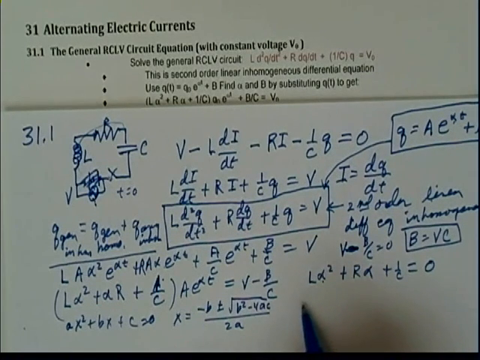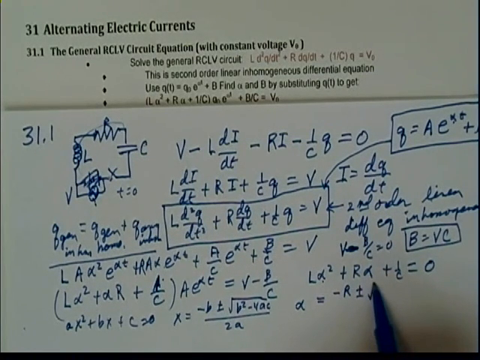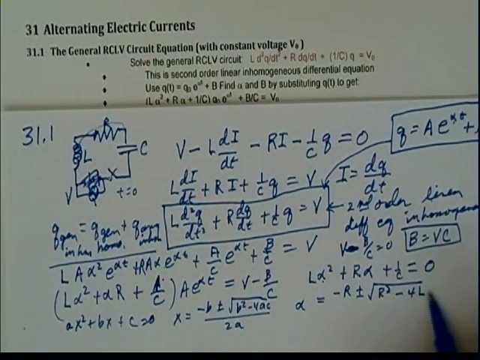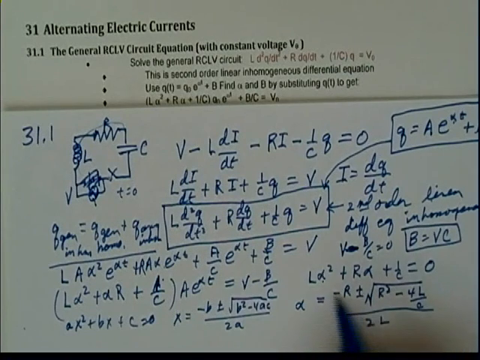So we apply that here, and we get alpha is equal to minus R plus or minus the square root of R squared, that's the b squared term, minus 4 times L times 1 over C. We're going to divide that whole thing by 2L, which is 2 times A.